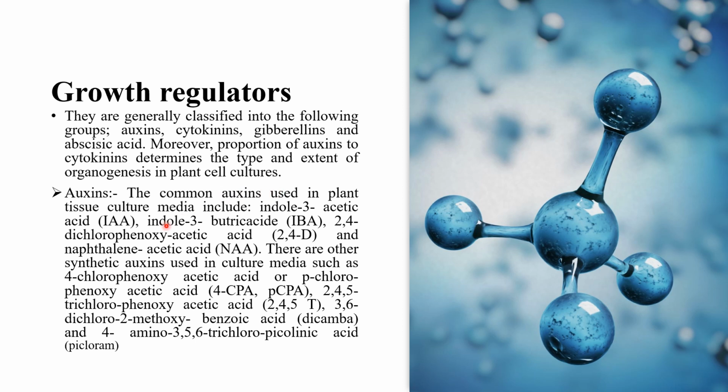There are some auxins which are natural, such as IAA, IBA, 2,4-D and NAA. But there are also some synthetic auxins which are also used in the plant tissue culture medium.